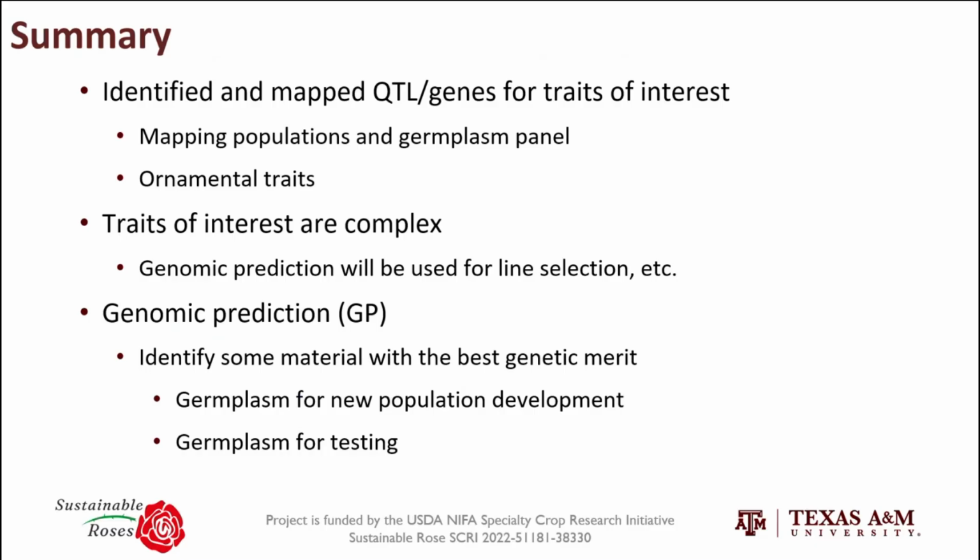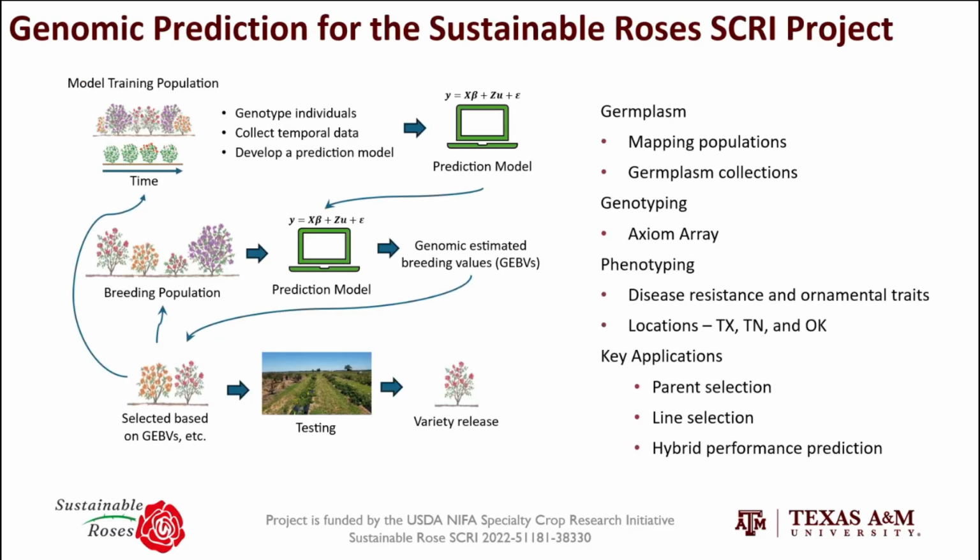So the top part is how you develop a prediction model, basically a germplasm that we call a training population. We genotype them, we collect data, and then we develop a model, and then that model is deployed where you have now breeding populations, go through the model, estimate genomic estimated breeding values, then use those to select a subset that go for testing and release, or go back to the training population, or go back to the breeding population.